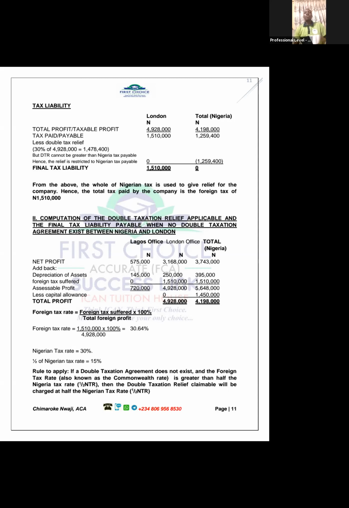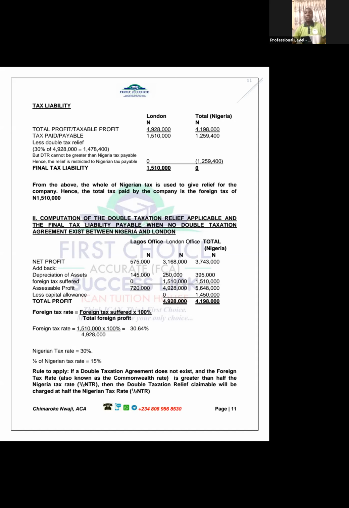What Nigeria will do is they will say, all right, your relief is higher than our tax. That will mean that our tax is going to be used for relief as much as possible. So you see, you are not paying any tax in Nigeria anymore. So instead of using 1,478,400, we are now using Nigerian tax at the smaller 1,259,400.